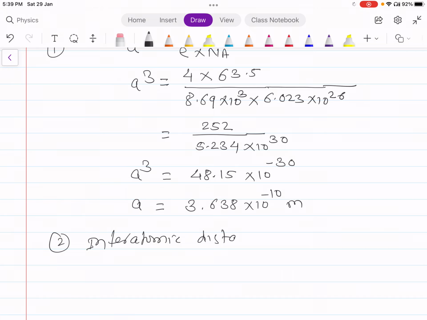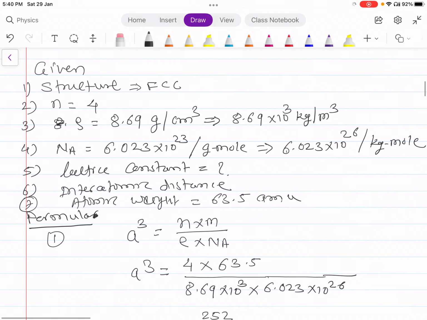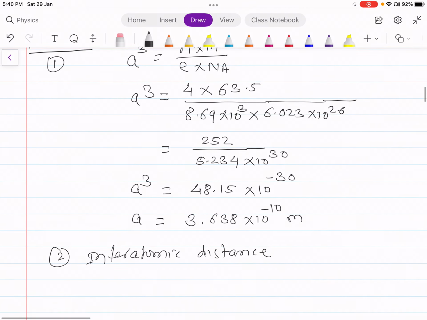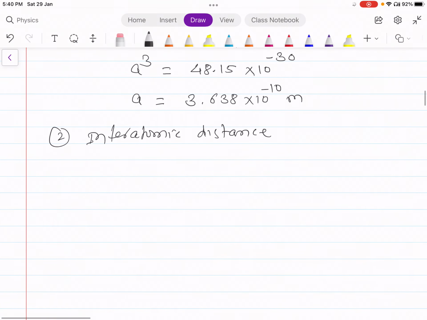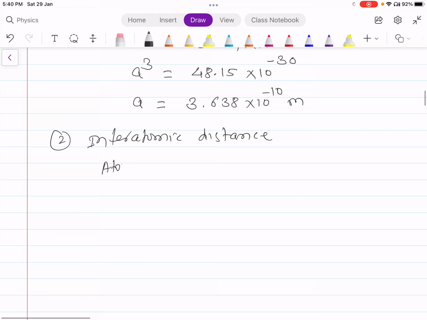To find it, as we know that copper has an FCC structure, the atoms are in contact with each other along the face diagonal, because this is an FCC structure.